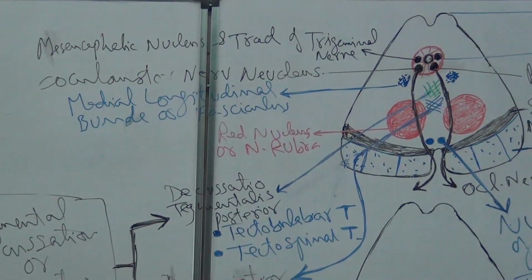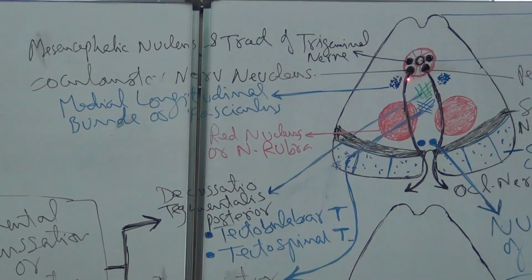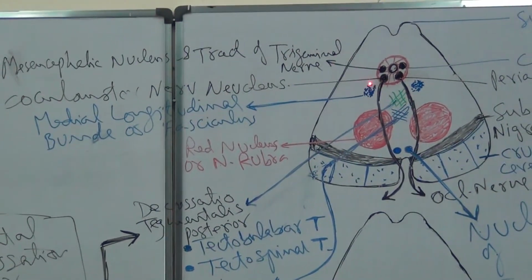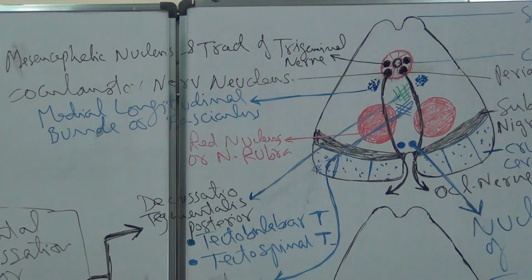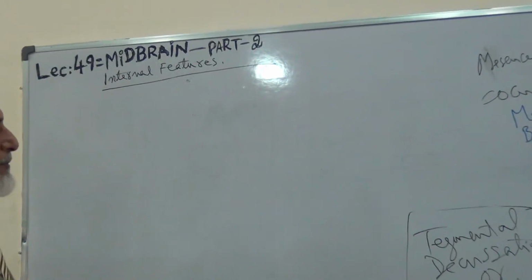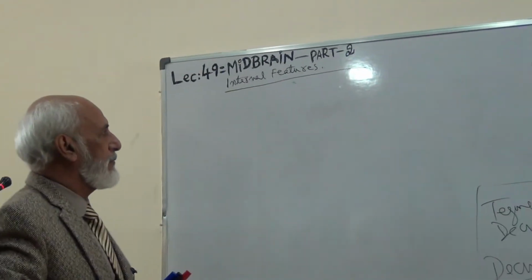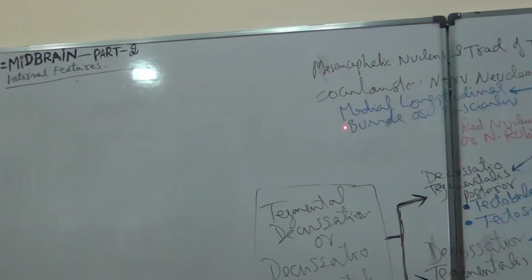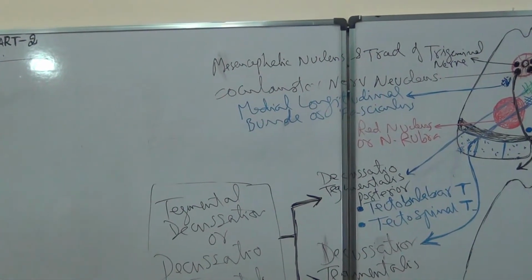Now, the medial longitudinal bundle is present throughout the midbrain, throughout the brainstem. Medial longitudinal fasciculus or medial longitudinal bundle.